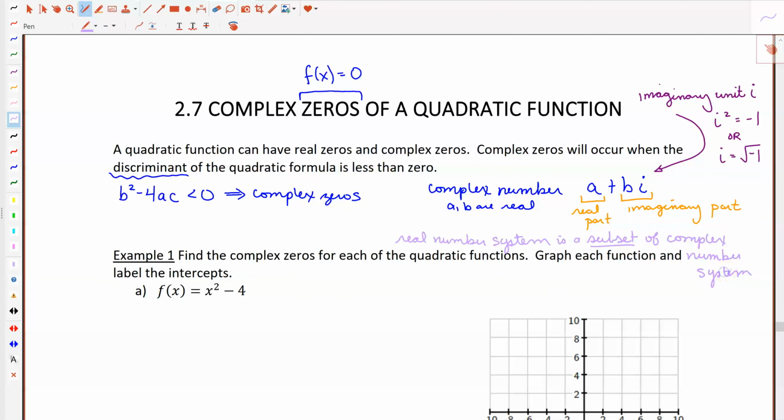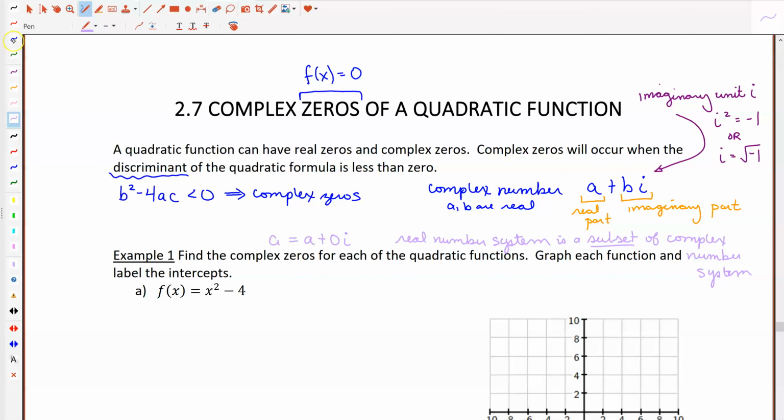Which means that every real number is actually also a complex number. So if you give me any real number, a, I can force this to be written as a complex number by writing it as a plus 0i. So all real numbers are also complex, but obviously then not all complex numbers are real.